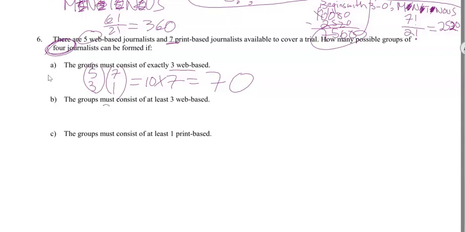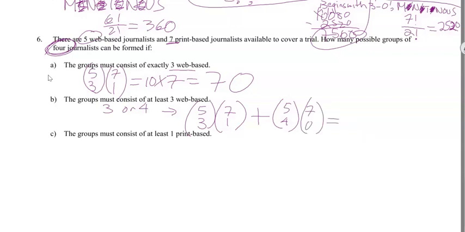So what does that translate to? 5 choose 3, and the top numbers will always add to 12, the bottom numbers will always add to 4, or 5 choose 4. You do not need to write the 7 choose 0, but I'd like to, because my top numbers will add to 12 and my bottom numbers will add to 4. We already worked this out. That's 70. 5 choose 4 is 5. So 75.